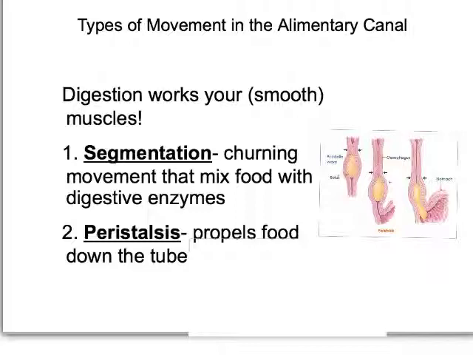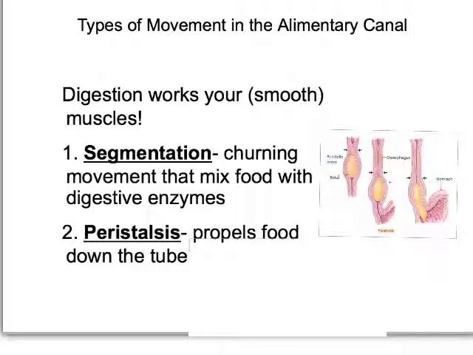And there's two types of movement along the alimentary canal. We have what's called segmentation versus peristalsis. Segmentation is like the churning movement that mixes food with the digestive enzymes. We see a good example of that in the stomach. And peristalsis is going to propel food down the tube.